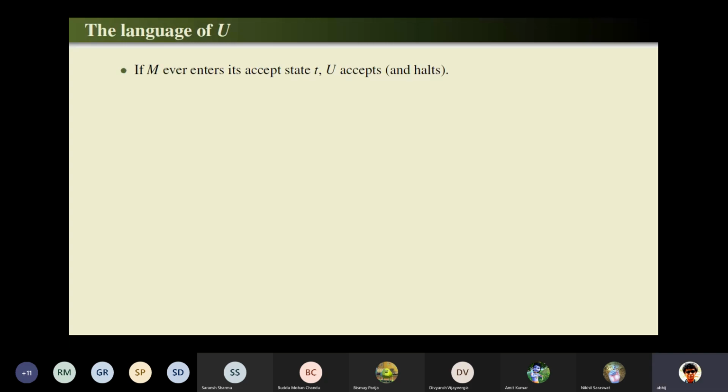So if the simulation of M ever enters the accept state T for M, U also immediately accepts and halts. It goes to its own accept state. Let us call it T prime. It goes there and halts.